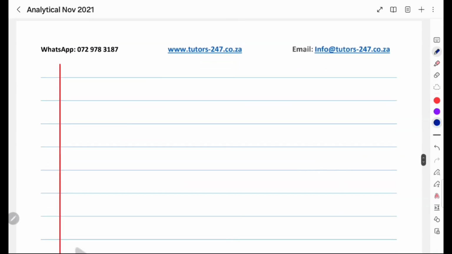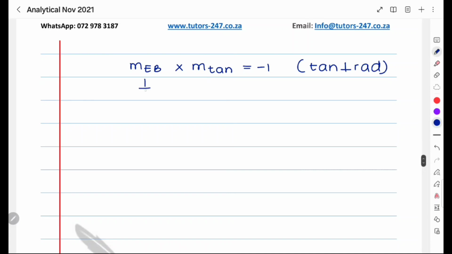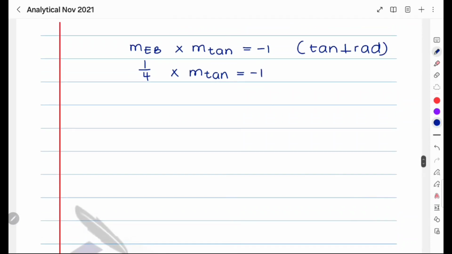Now that we have the gradient of EB, we can determine the gradient of the tangent, because we know that a tangent is perpendicular to the radius of the circle. So we substitute the gradient of the radius and then solve for the gradient of the tangent. We therefore have the gradient of the tangent as equal to -4.